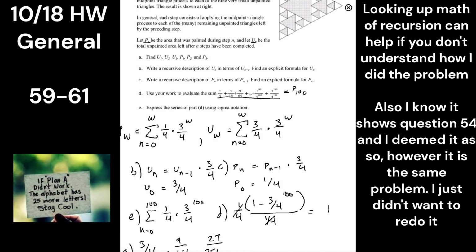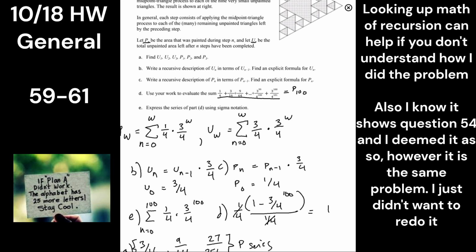This is the P series. And for U, it should just be the same series, but starts at 3 over 4.